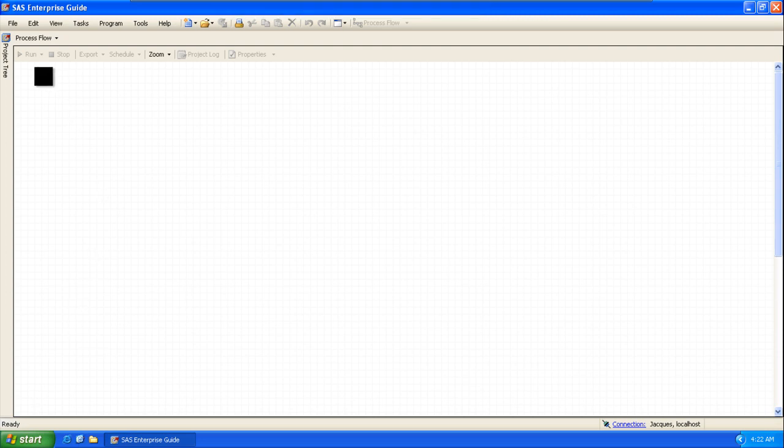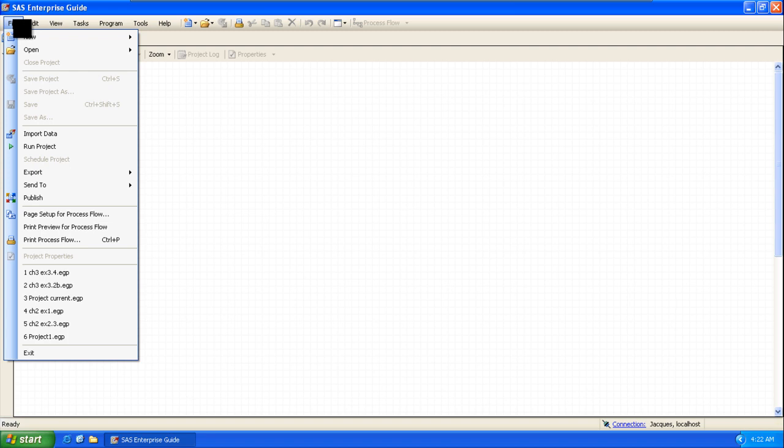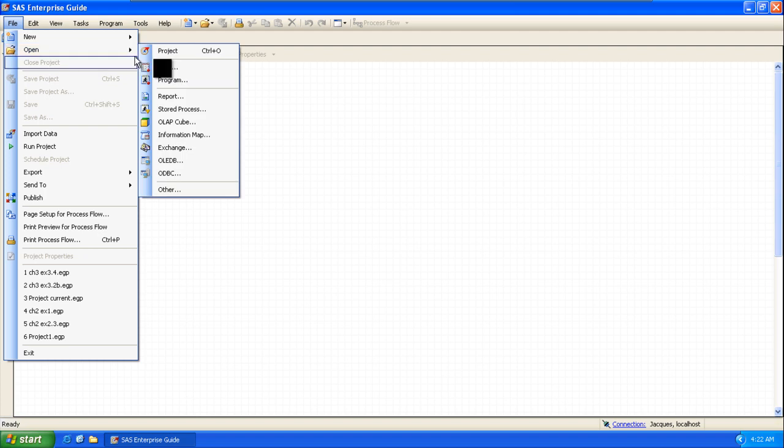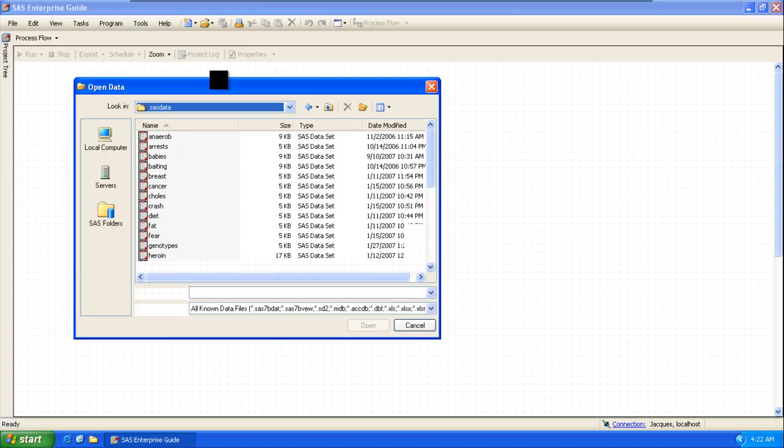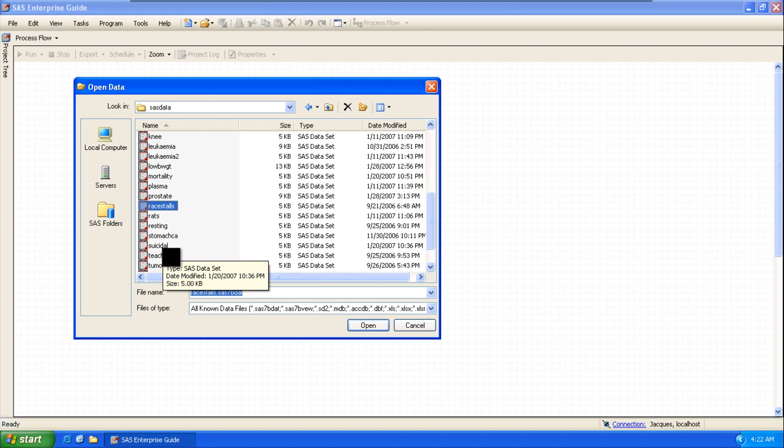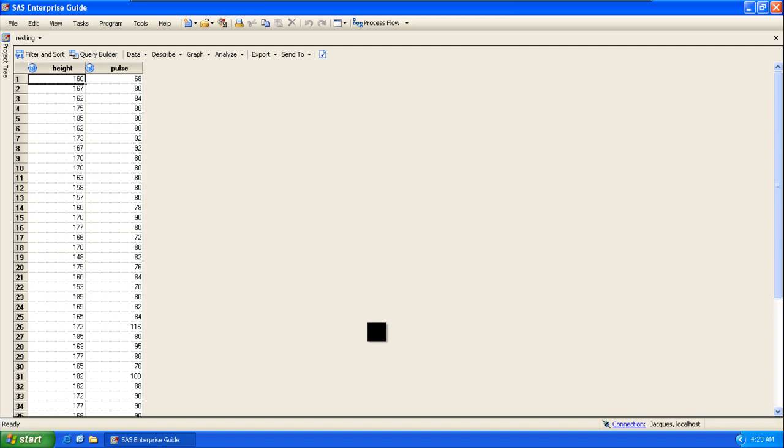Now we see another example. In this data, one variable is height in centimeters, and the other is pulse in beats per minute.